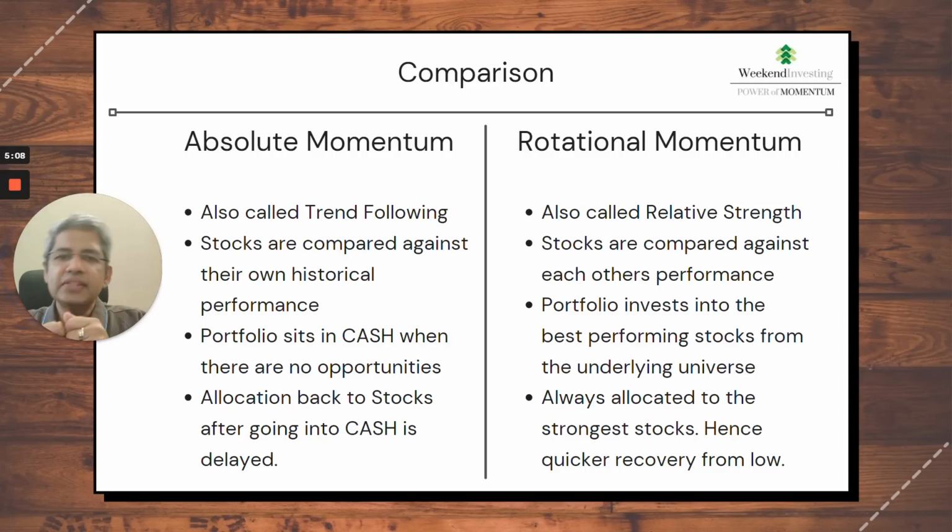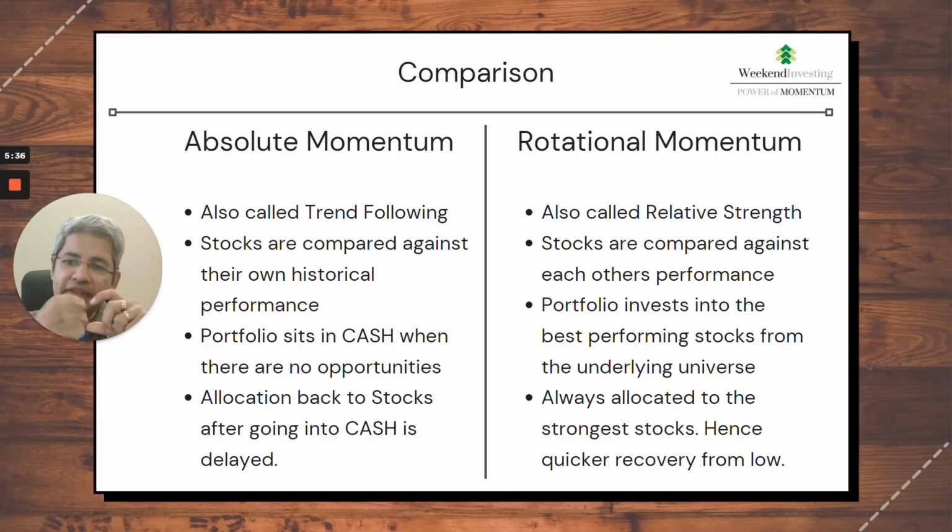Whereas in rotational momentum, if you have 20 stocks that you've chosen, even if all of them are coming down and all of them have negative momentum, let's say in the past 3 months or 6 months, you still compare the strength of those stocks versus each other. There could be 20 stocks which are better off than the rest 30.